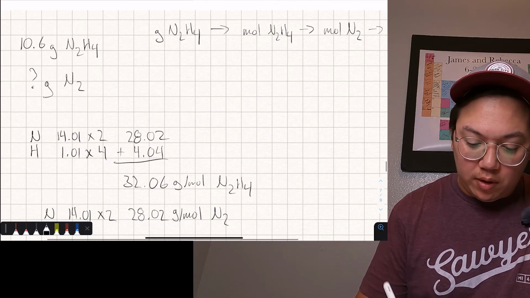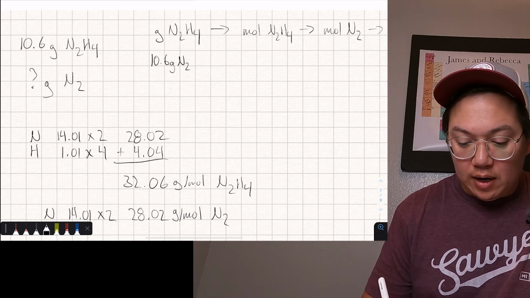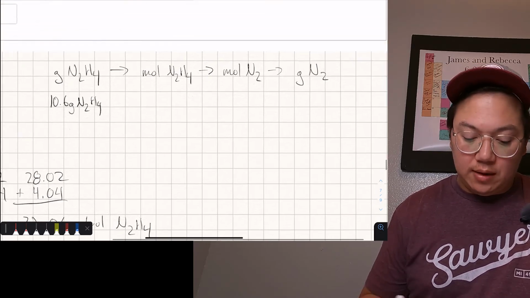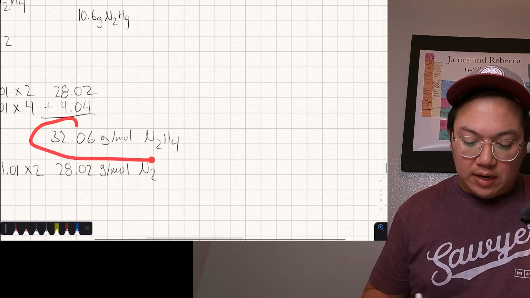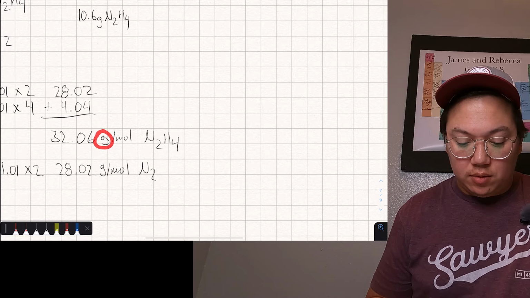So we're going to start with our 10.6 grams dinitrogen tetrahydride, and we're going to use our molecular mass of dinitrogen tetrahydride here to convert it from grams to moles.